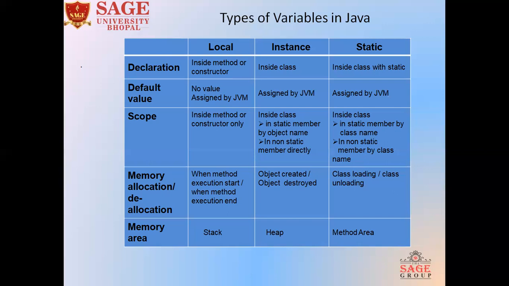A static variable gets memory when the class is loaded, and the memory is released when the class is unloaded. Different variables are stored in different areas of memory. A local variable is stored in the stack area, an instance variable is stored in the heap area, and a static variable is stored in the method area.